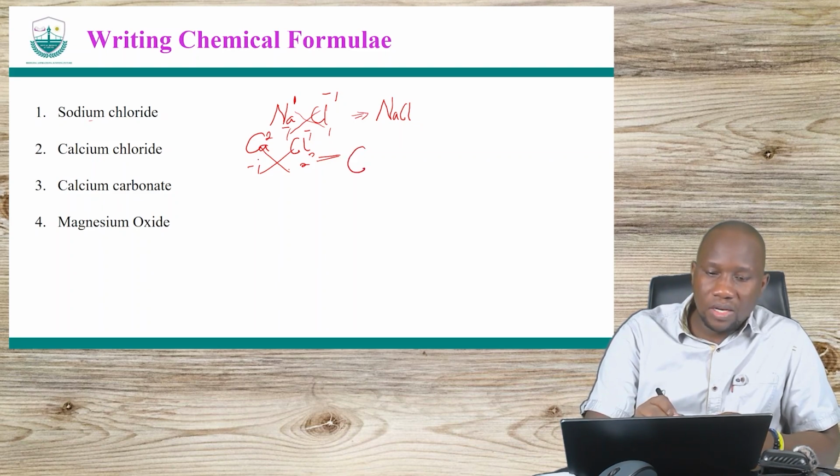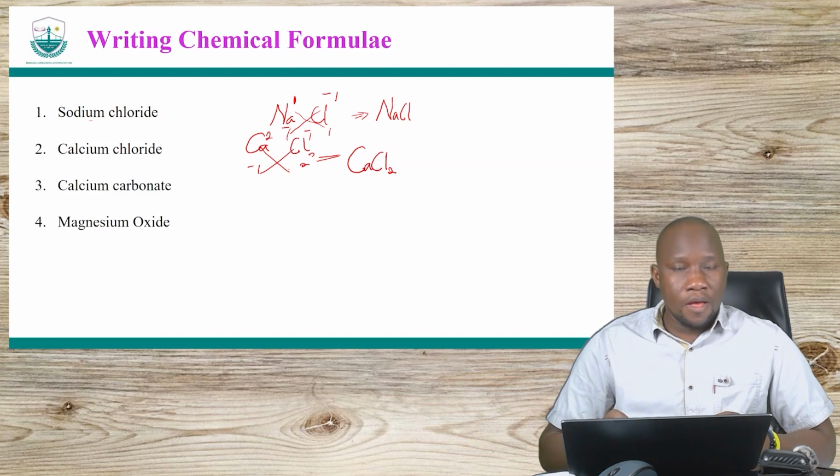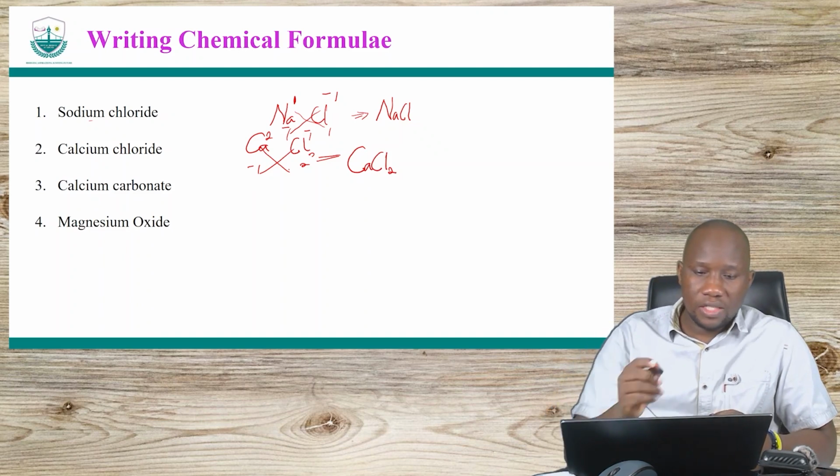Remember we don't write 1, right? So Ca. That is calcium chloride.